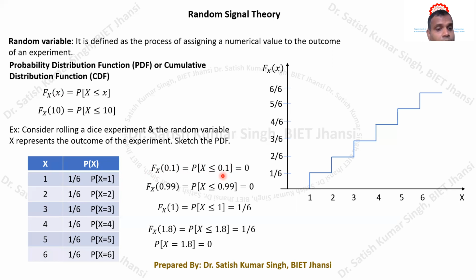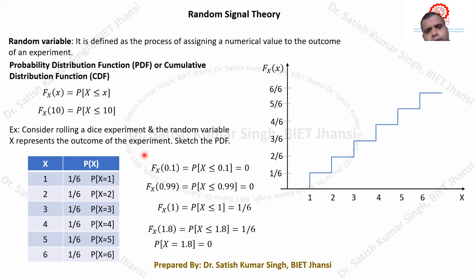There is no output like 0.1, or even 0.99. The only possible output starts at 1, and after 1 it is directly 2, then 3, 4, and 5. We do not have any output between 0 and 1, or between 1 and 2, 2 and 3, 3 and 4, 4 and 5, or greater than 6.